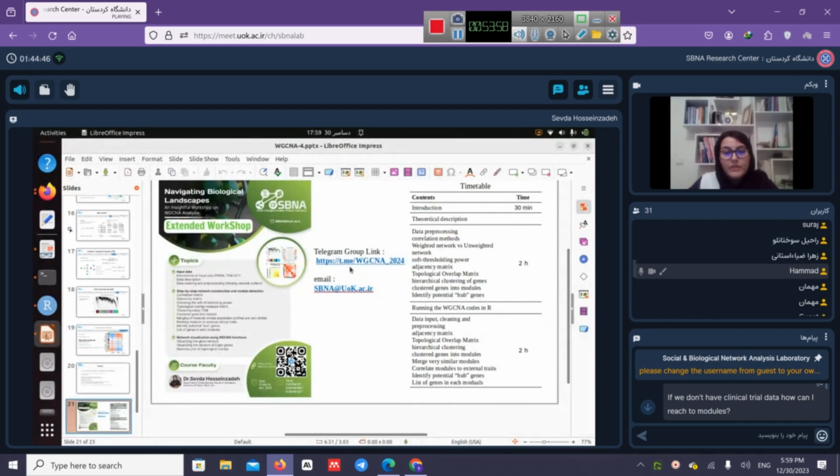We're gonna talk about that completely, and after that you can run your data completely with the WGCNA package. And also, if you have bulk RNA-seq data, single cell RNA-seq data, methylation data, or protein count data, you can use this package, and you're gonna get suitable results for your study.